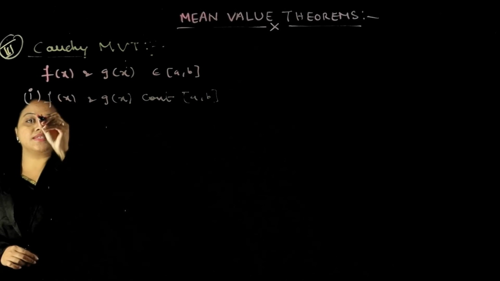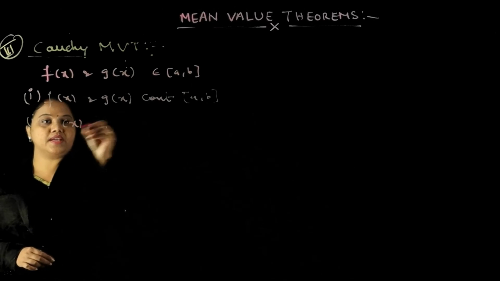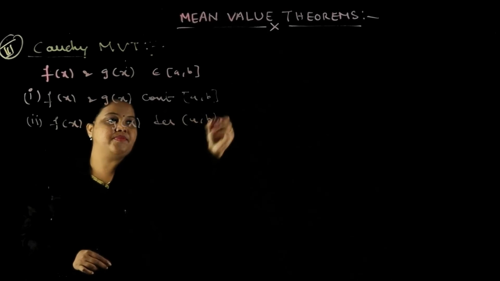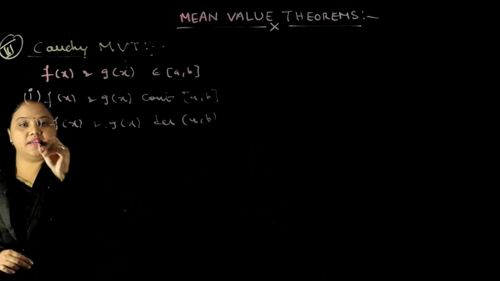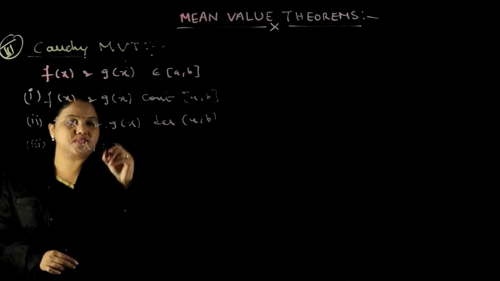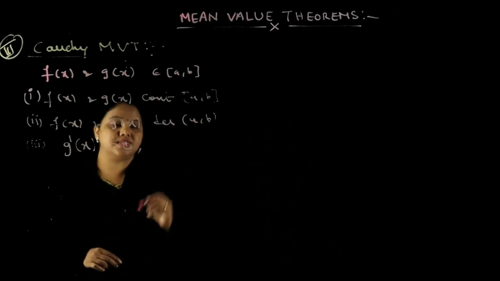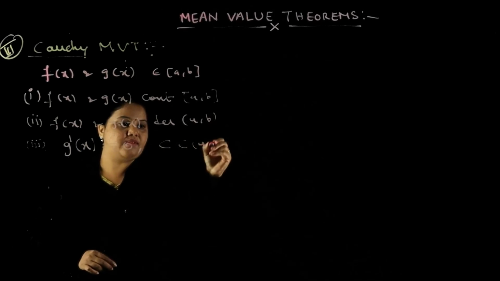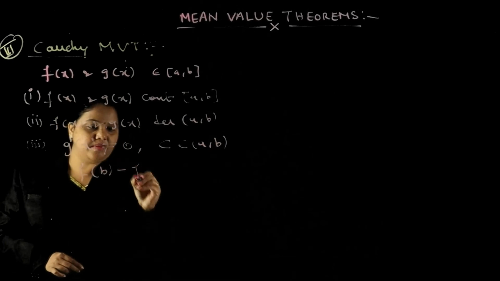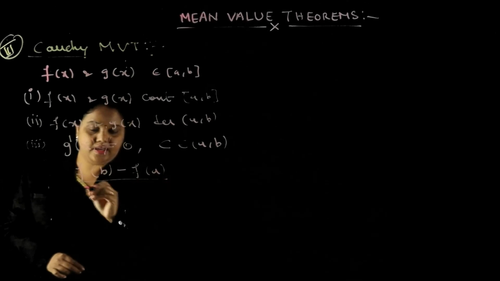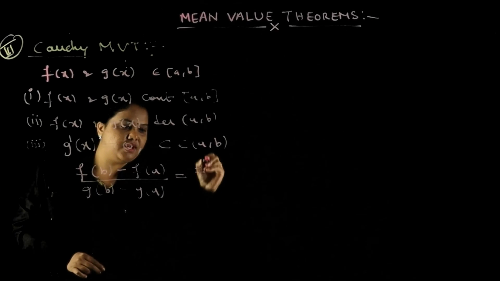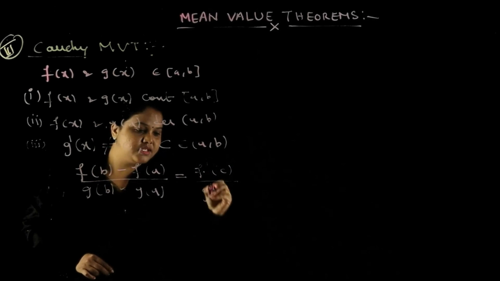In the same way, the second condition tells that f of x and g of x should be derivable in the open interval (a, b). And the third condition states that if g dash of x is not equal to 0, then there exists a value c belonging to the open interval (a, b) such that f of b minus f of a by g of b minus g of a should be equal to f dash of c by g dash of c.